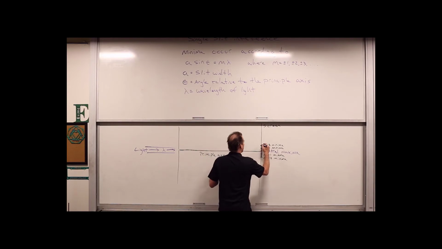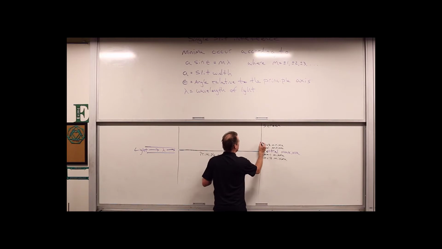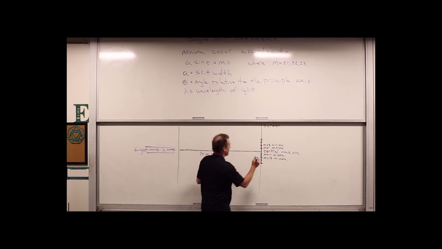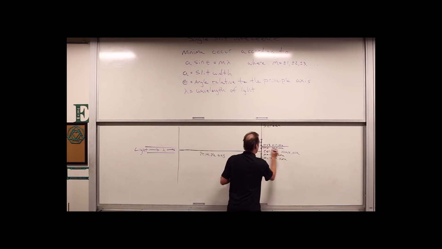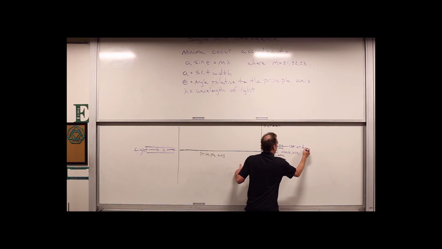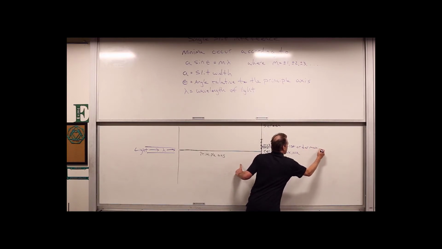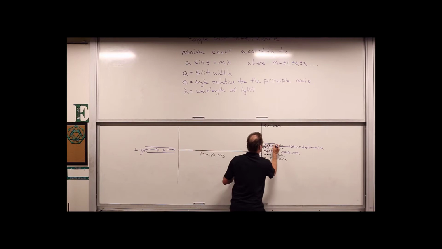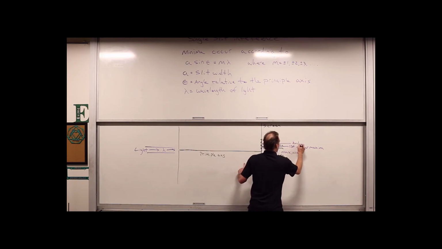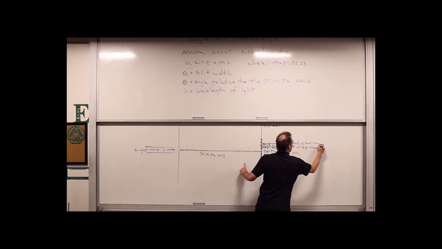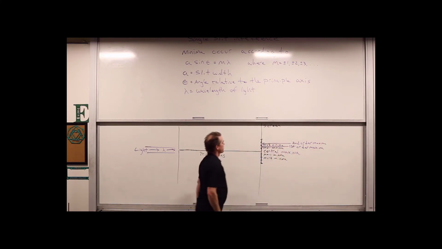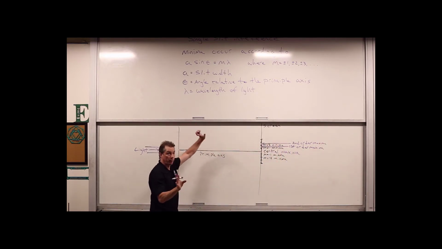And this keeps on going, where we've got another one, so on and so on, where we can start calling this first order maxima, second order maxima, and so on and so on and so on. We just get this kind of really broad picture.